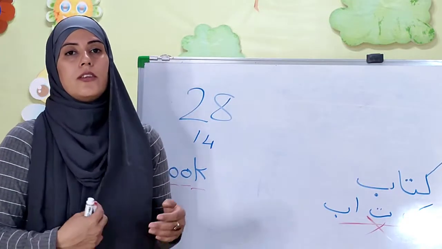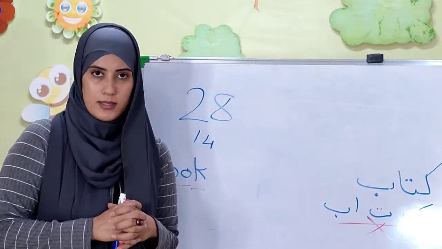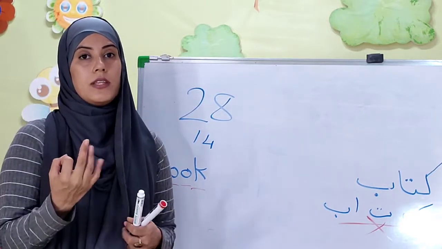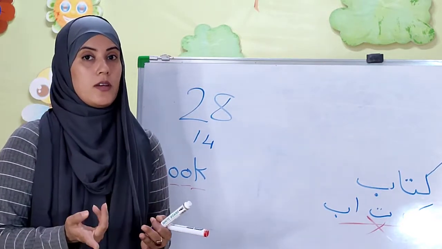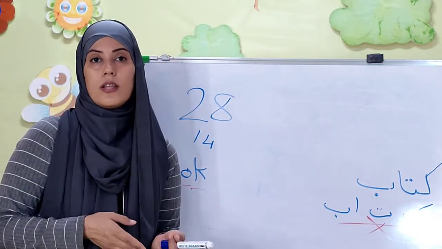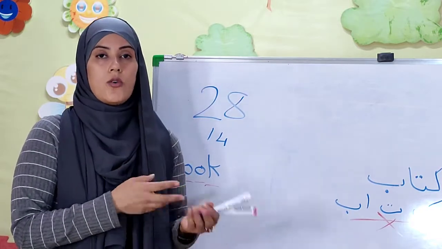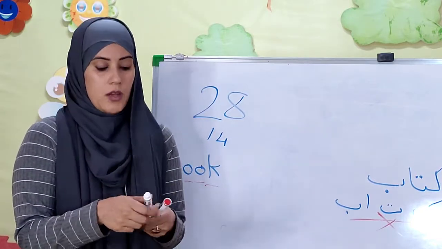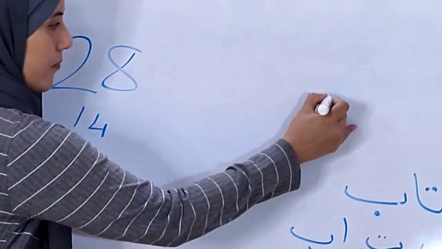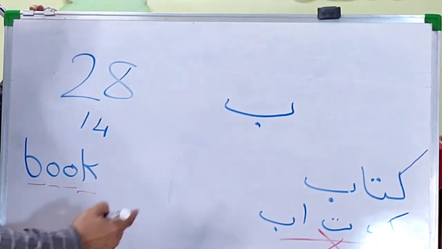Another thing that inshallah I will explain in more detail in our classes is that Arabic letters have 3 different shapes depending on where they come in the word. Is it at the beginning, in the middle, or at the end? So they appear in different shapes. For example, this is the letter ba in Arabic.